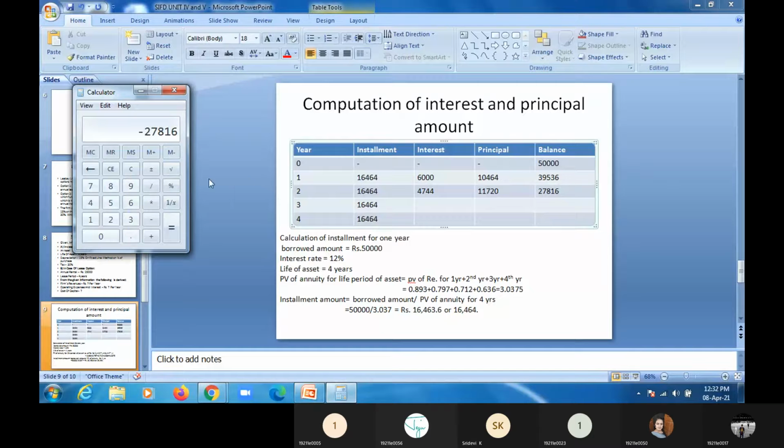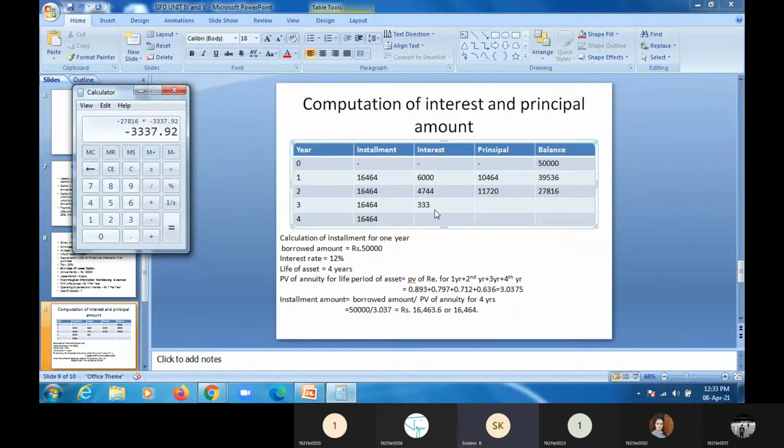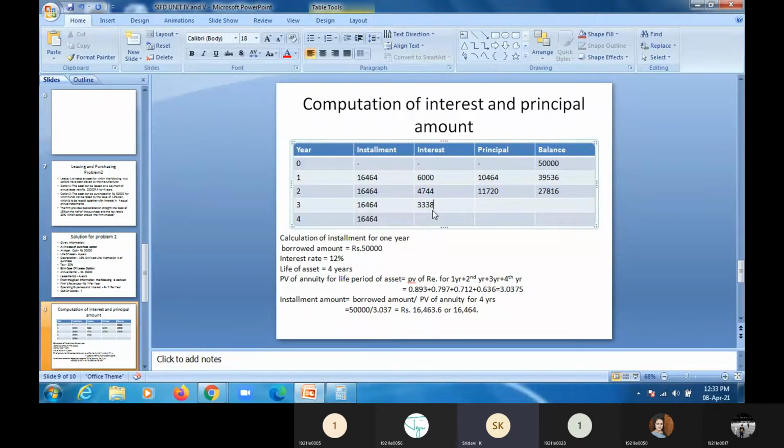27,816. On this you calculate again 12% interest. So the interest that you need to pay in the third year is 3,338.